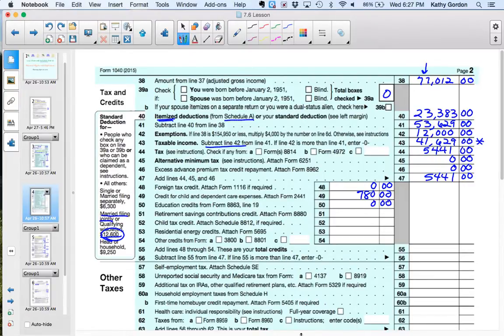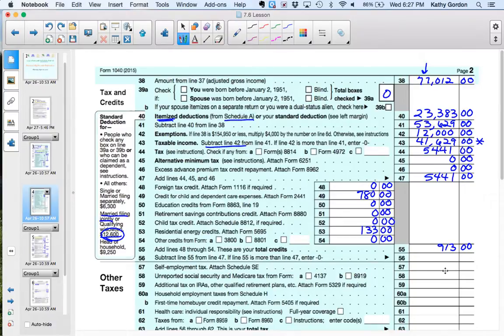The education was already included on Schedule A. We do not have any retirement savings. We do not have any child tax credit, but we do have residential energy credits. Those windows that they put in to save energy give you a tax credit, and they're allowed to claim $133 there. And then we have no other tax credits, and so when we add up 48 through 54, we get $913 for line 55.